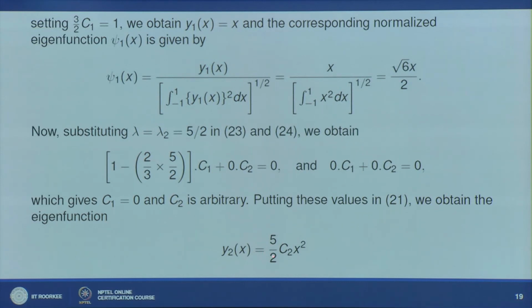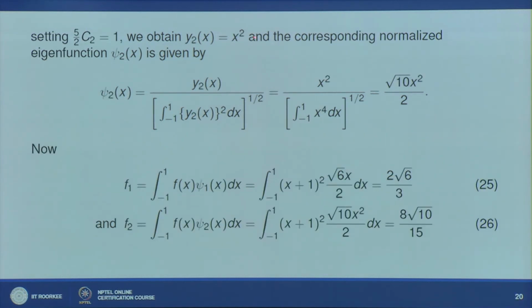Here lambda is 5/2, so y2(x) is 5/2 C2 x squared. Now again in the same way C2 is completely arbitrary, so we can always consider C2 as 1, and so y2(x) equal to x squared is the eigenfunction corresponding to eigenvalue 5/2.